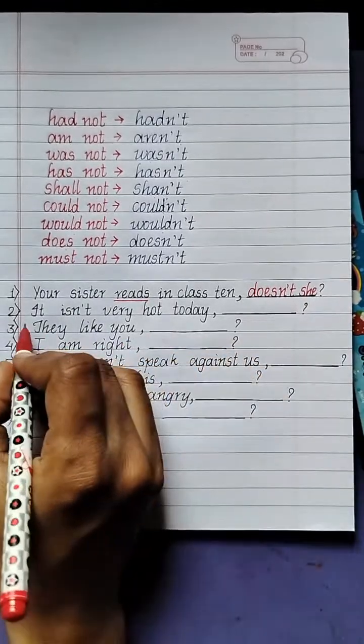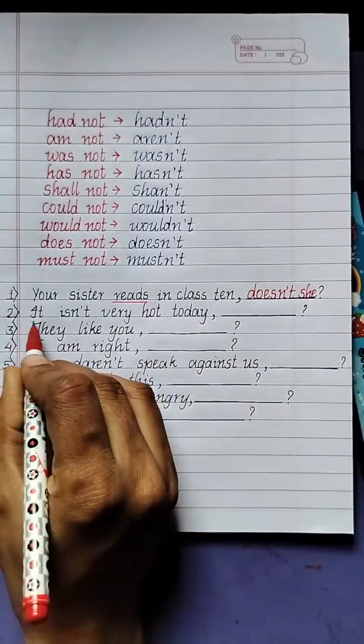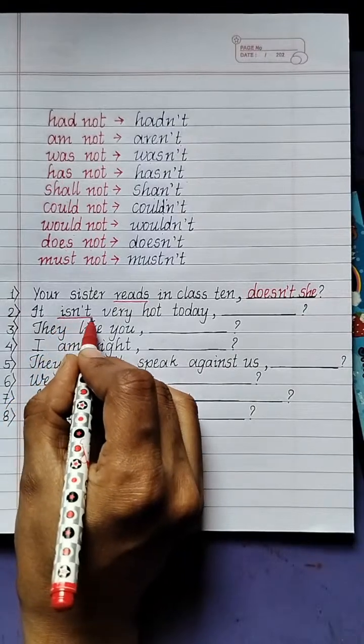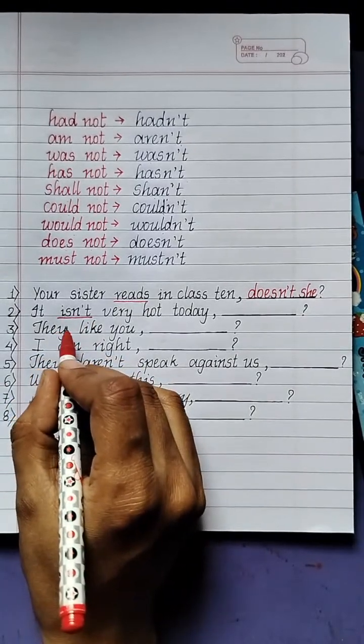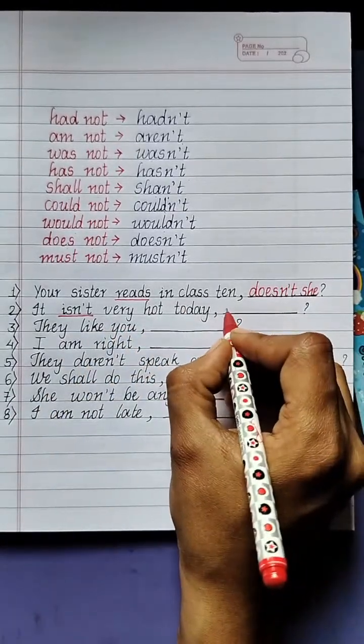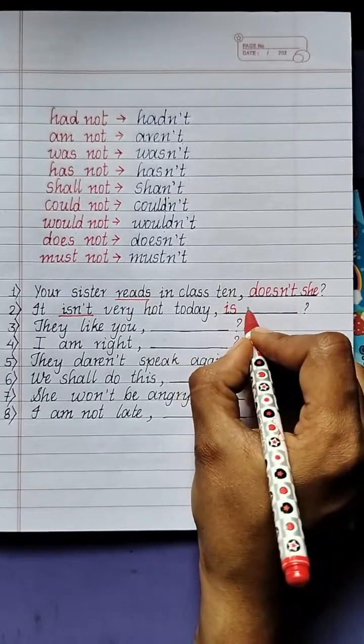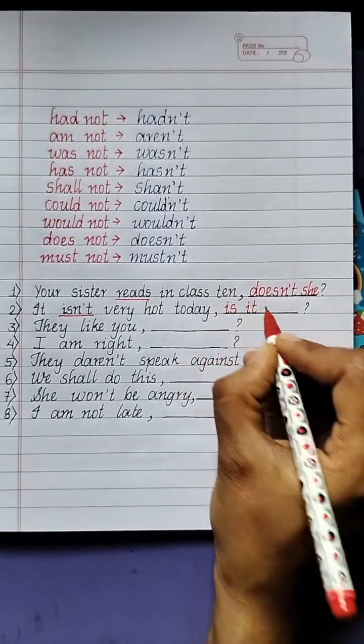Now, the second one, it isn't very hot today. The statement is, of course, negative, and is is there as an auxiliary verb. Is it?